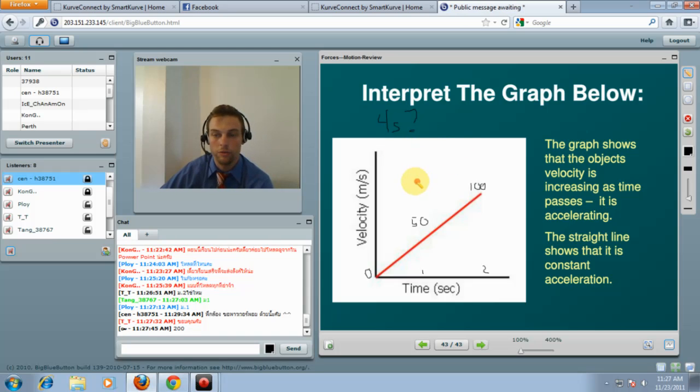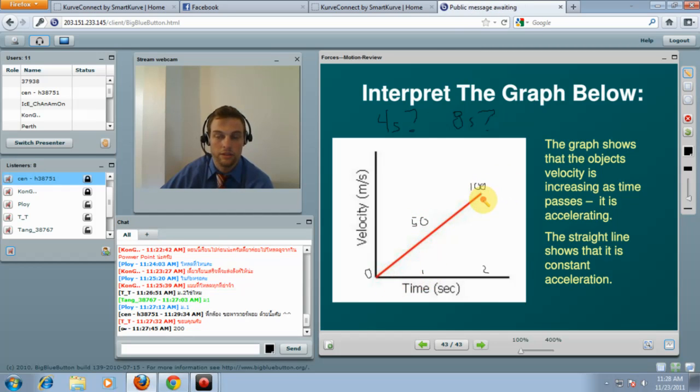And if it was 8 seconds, every second it's going up by 50 meters per second.